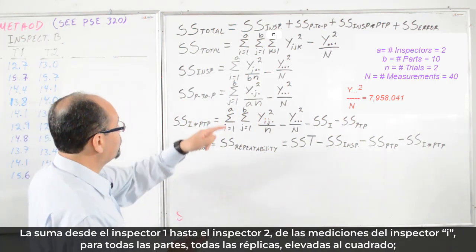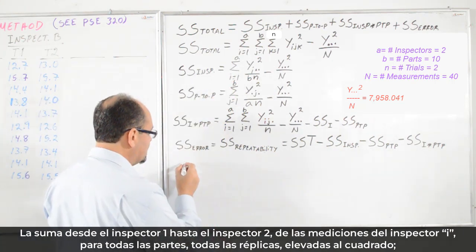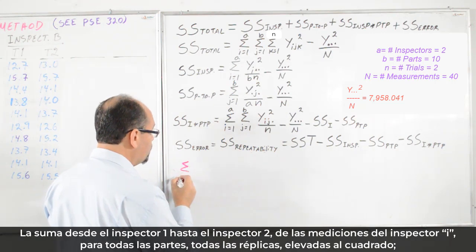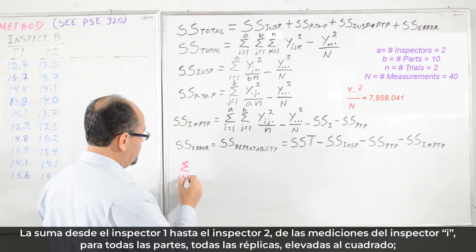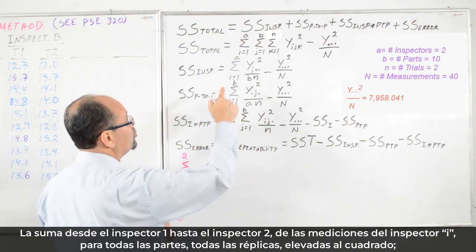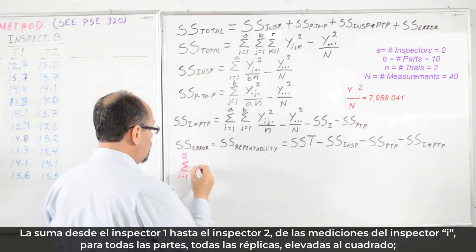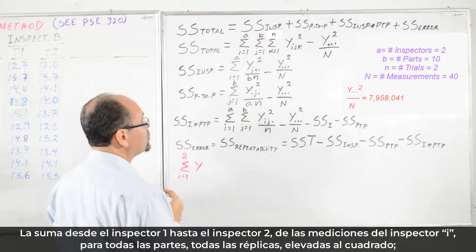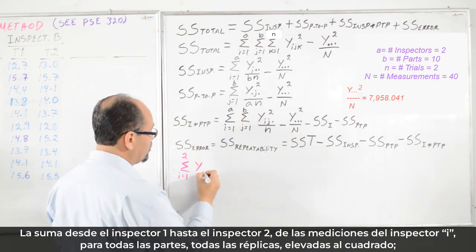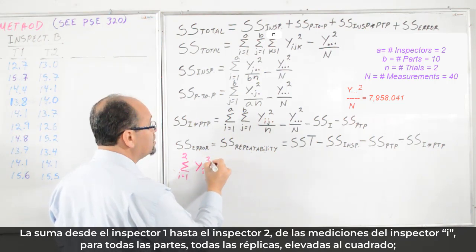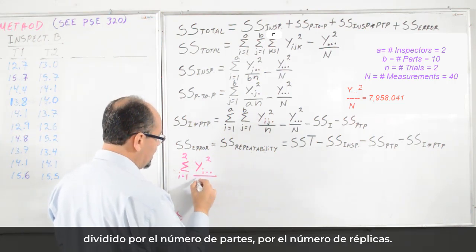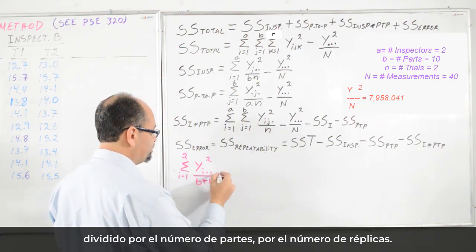And I will do, for the first term, the sum from inspector 1 to inspector 2 of the measurements of the inspector I, all the parts, all the trials, squared, divided by the number of parts times the number of trials.